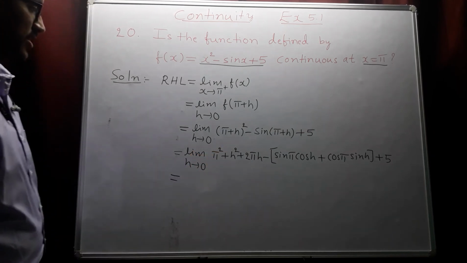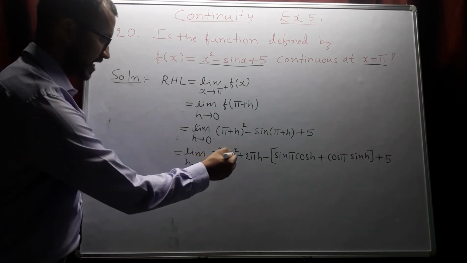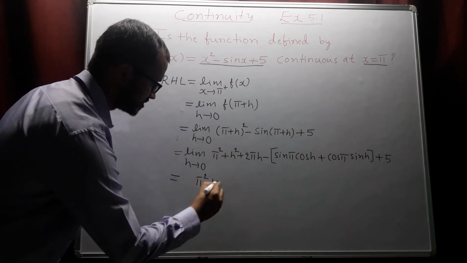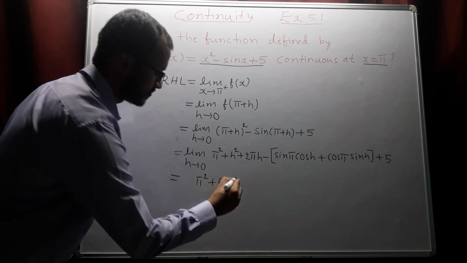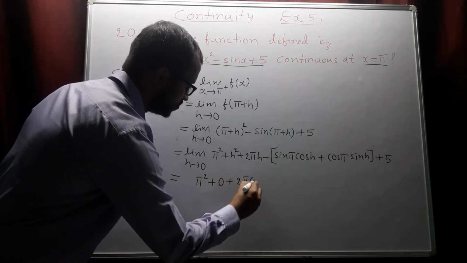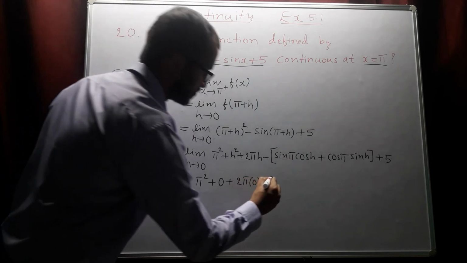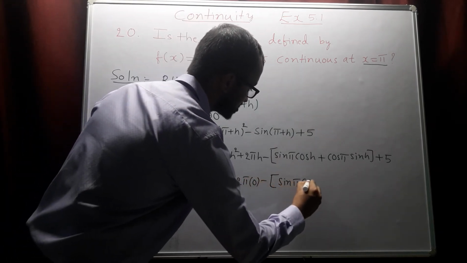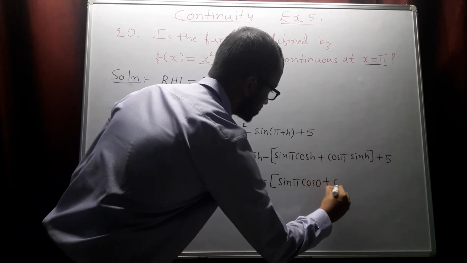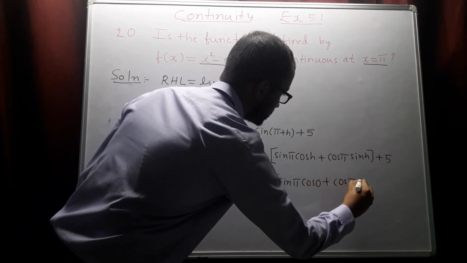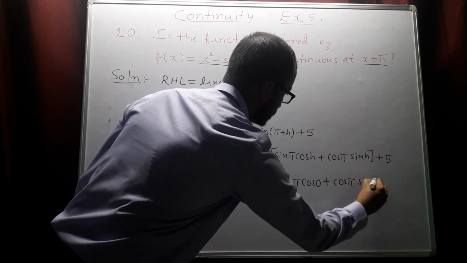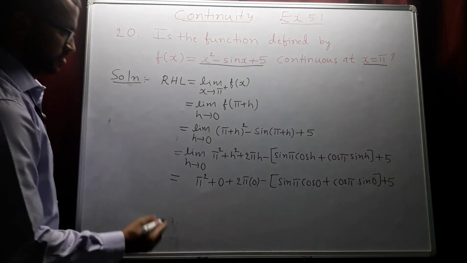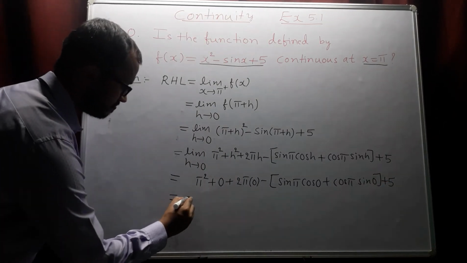Now substitute the limit: if you replace h by 0, we get π² + 0 + 2π(0) − [sin π cos 0 + cos π sin 0] + 5.